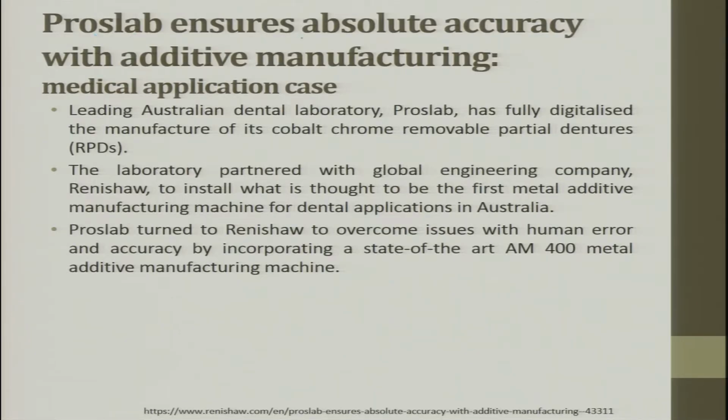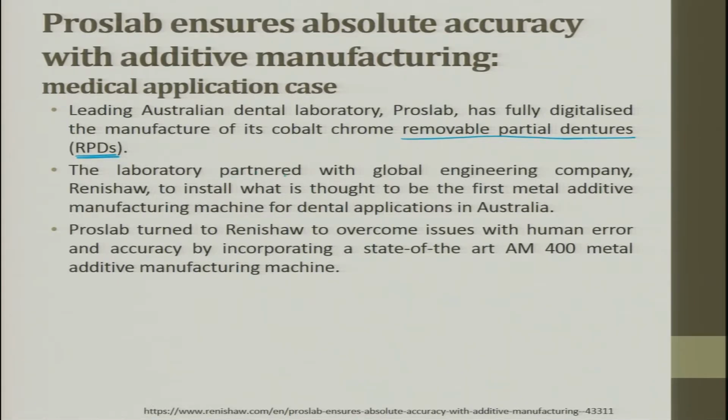Proslab ensures absolute accuracy with additive manufacturing, which is the medical application case study we are talking about. A leading Australian dental laboratory, Proslab, has fully digitized the manufacturing of its cobalt chrome removable partial dentures, RPDs.